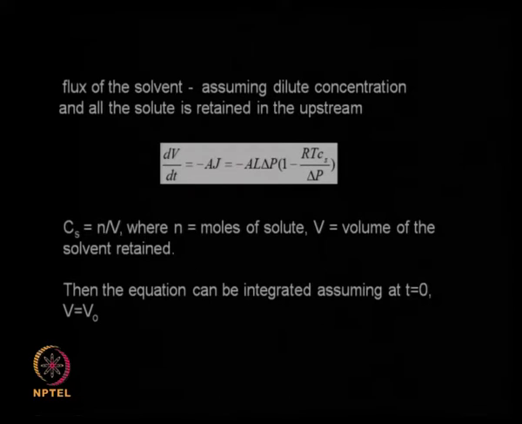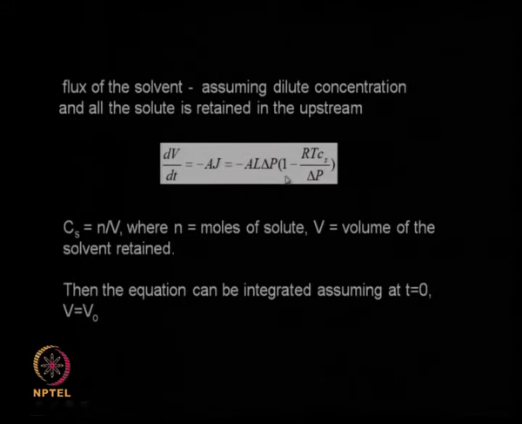Now, let us look at the flux of the solvent. The flux of the solvent will be dV by dt, that is the volume of the solvent retained, that is equal to minus AJ. J is your flux, A is the area.